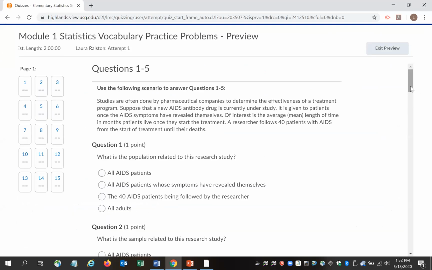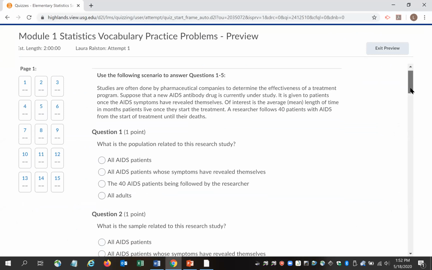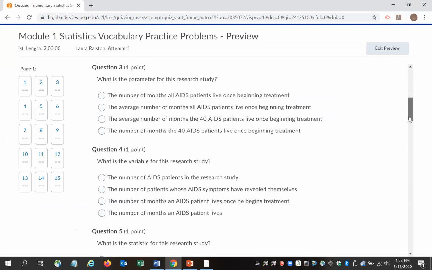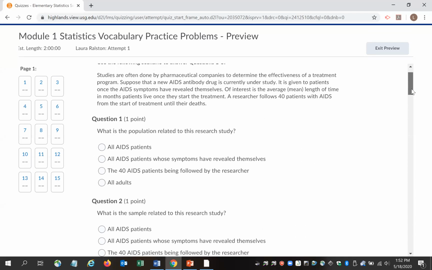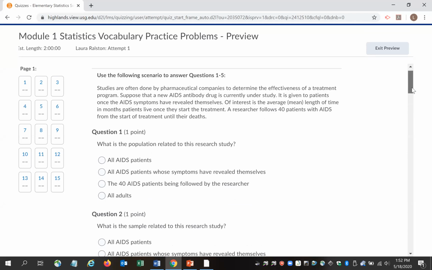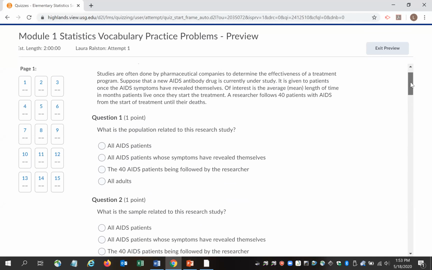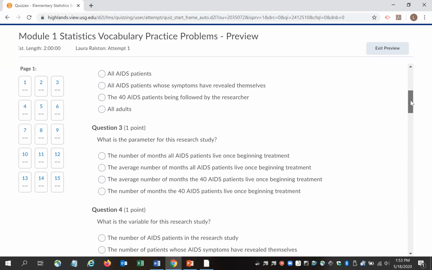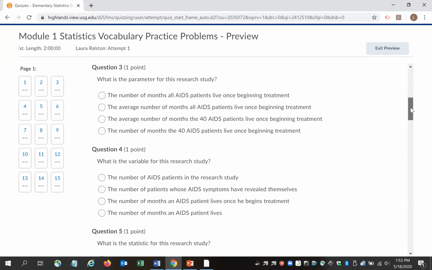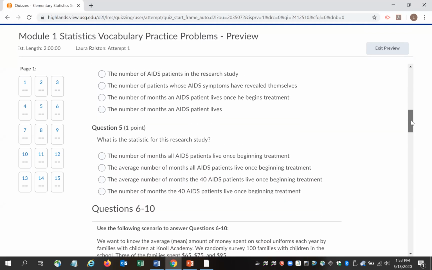The one thing that I'm not overly thrilled about is the way this particular assignment is designed. The order of the questions is random, and so just taking a quick look in this first scenario, the first question asks you for the population, the second one for the sample, the third one for the parameter, the fourth one for the variable, the fifth one for the statistic.